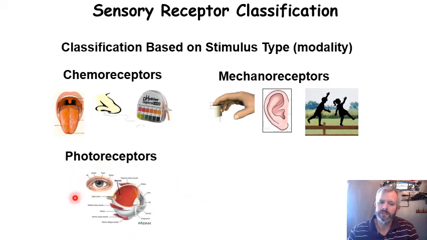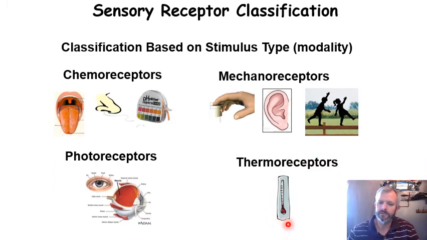Photoreceptors, you will find those in the eye, and what are they going to respond to? Light waves or photon energy are going to activate the photoreceptors. And then we have thermoreceptors. Thermal, in that they respond to warm and cold.